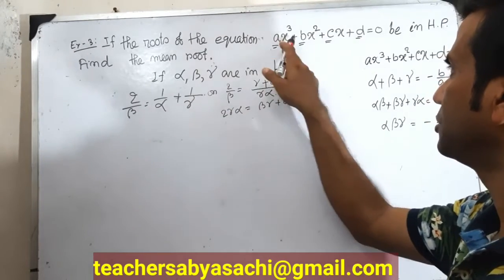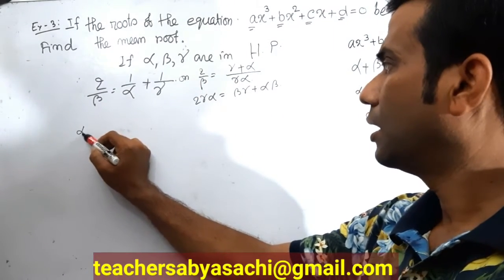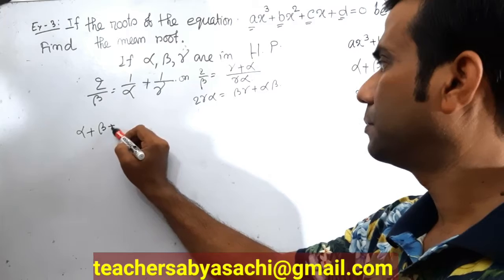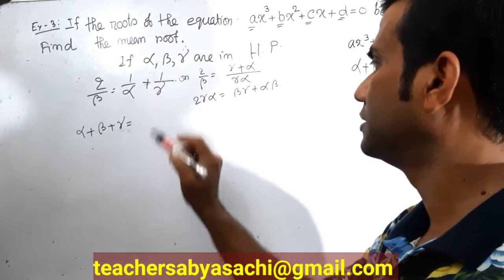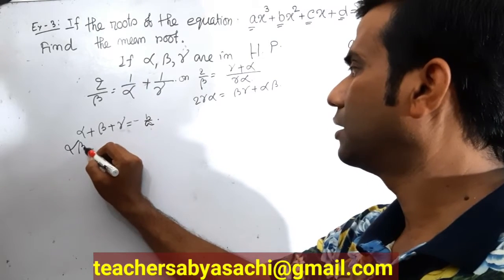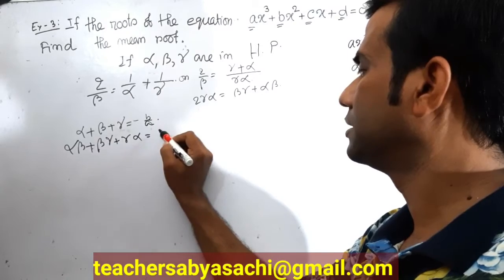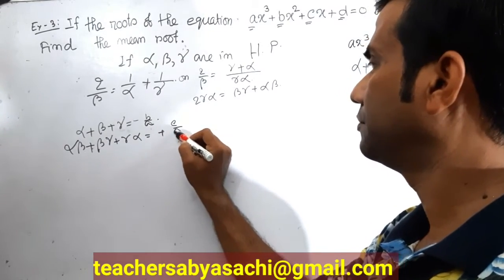Now from the relation between roots and coefficient, we know that alpha plus beta plus gamma is equal to minus b by a, alpha beta plus beta gamma plus gamma alpha is equal to plus c by a.